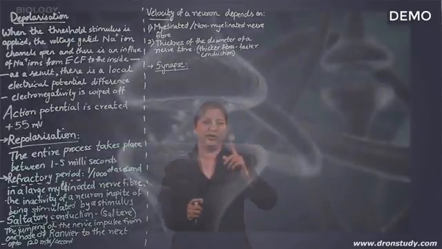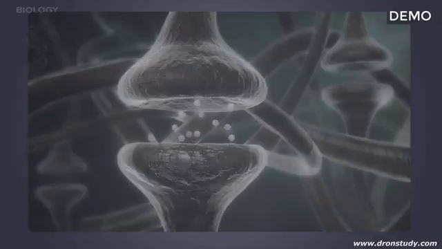Alright, now look at the diagram provided here. What you can see here is actually the end of an axon, which appears like a bulbous structure. We will see in detail what exactly makes up a synapse. Let's define synapse.